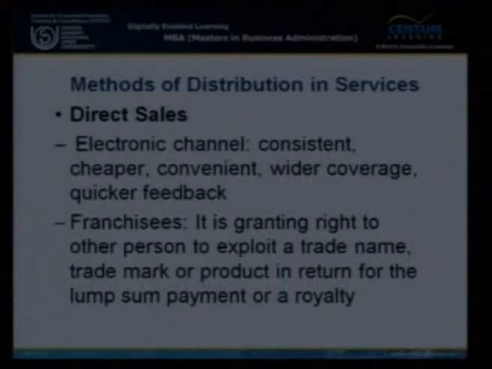The next direct sales channel is franchisees. Franchising means granting rights to another person to exploit a trade name, trademark or product in return for a lump sum payment or a royalty. What companies do is, in smaller areas, they organize franchisees, and those franchisees pay a lump sum to the companies as a security amount, and they handle things themselves in certain areas.